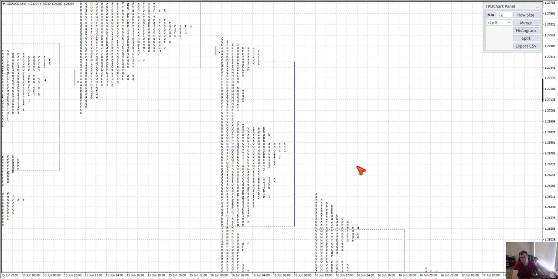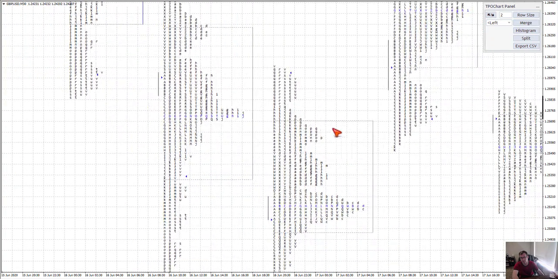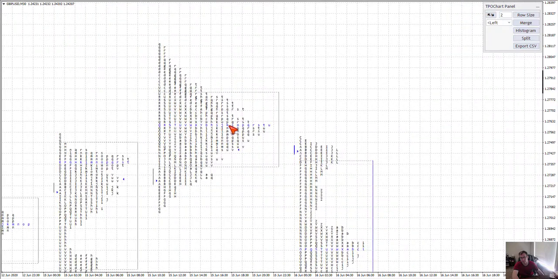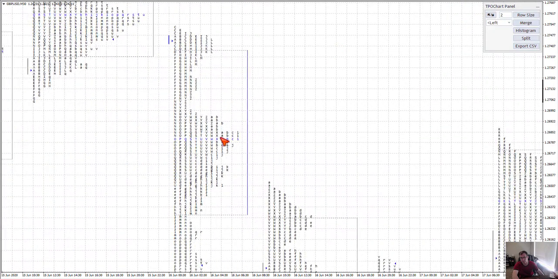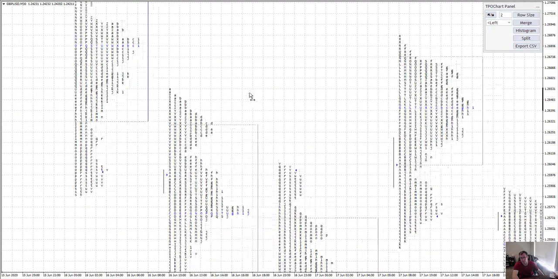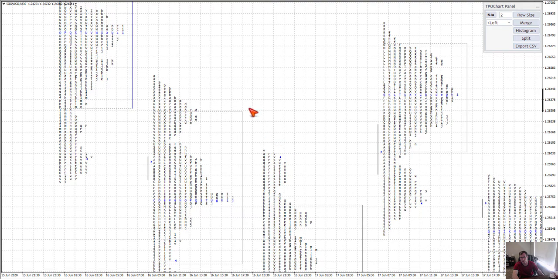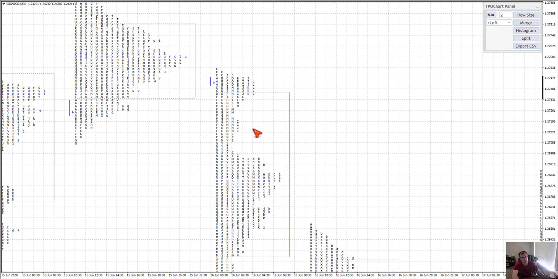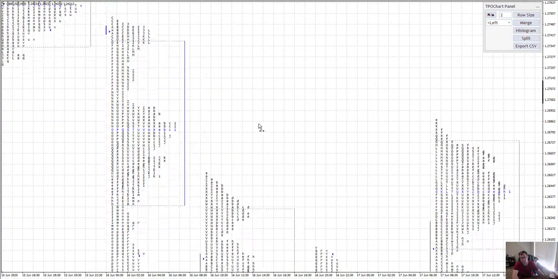Point of control is continually lower. We have, see, point of control up here, point of control down here, right? But look, our value area is still sort of overlapping, right? So I know something is not quite right. Like, there's no gap here, so we're not going to have a really, really good run, right? It's just going to go down a little bit, right?